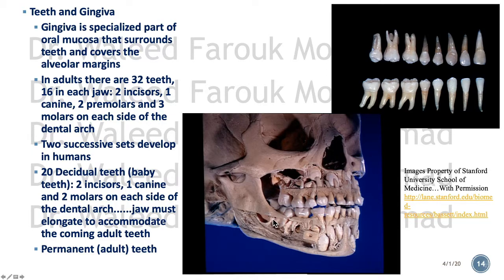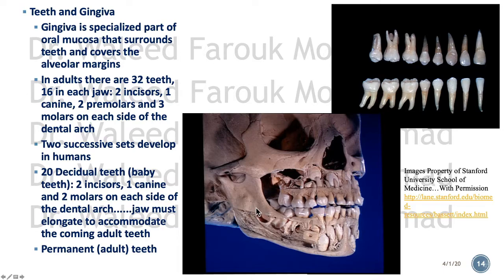So we have 20, but the jaw at the same size accommodates only the 20. While the kid is growing, his jaw is elongating backwards to allow space for the extra 3 teeth, which are the molar teeth.